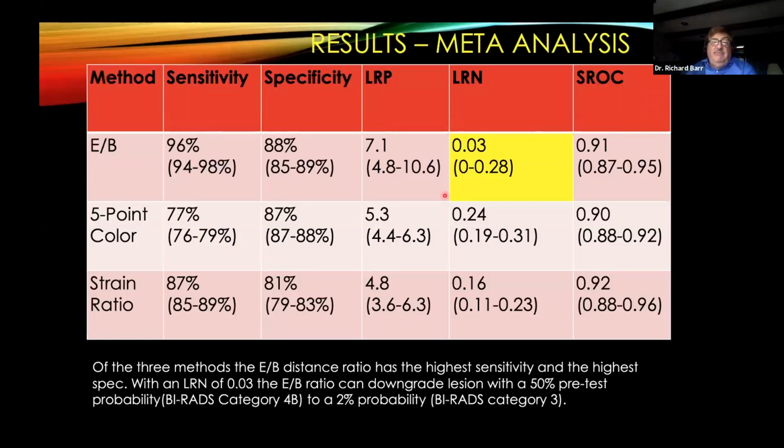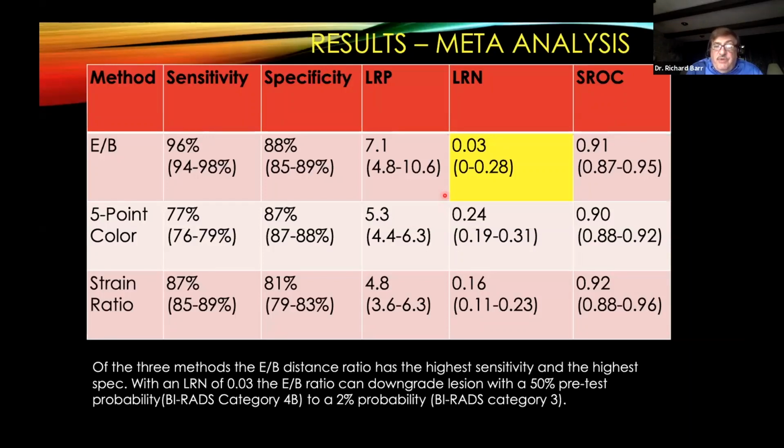We recently published in the Journal of Ultrasound in Medicine the results of a meta-analysis where we looked in the literature at all the published strain results, and we broke them up into the E to B method, the 5-point color method, and the strain ratio. And you can see that the sensitivity and specificity of the E to B distance ratio was the highest.